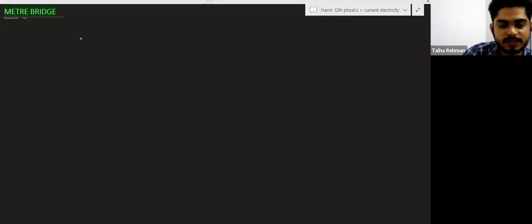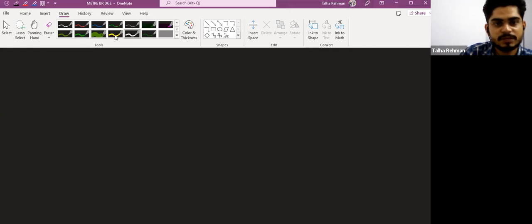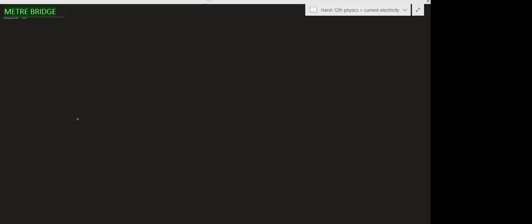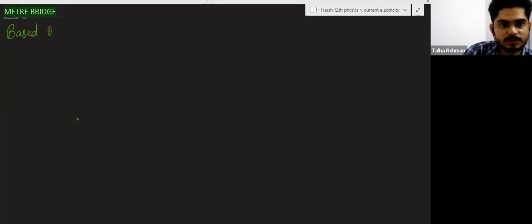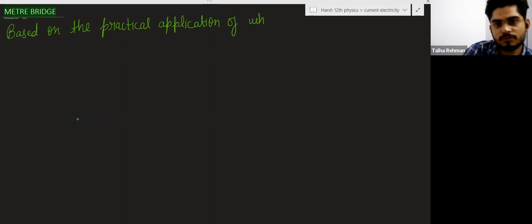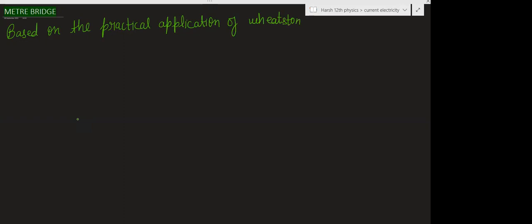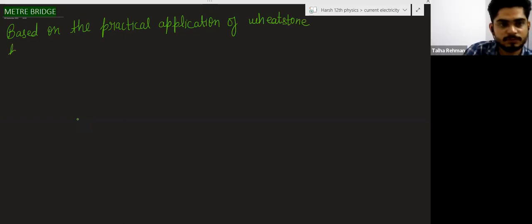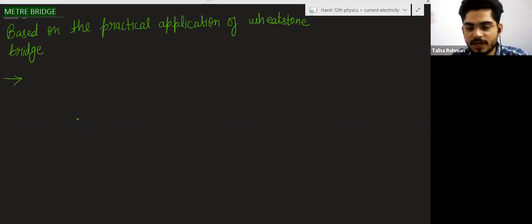The meter bridge is the practical application of the Wheatstone bridge, and it is used to calculate an unknown resistance.